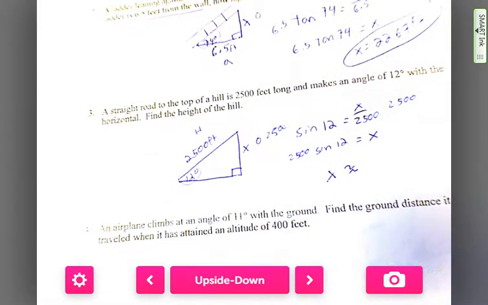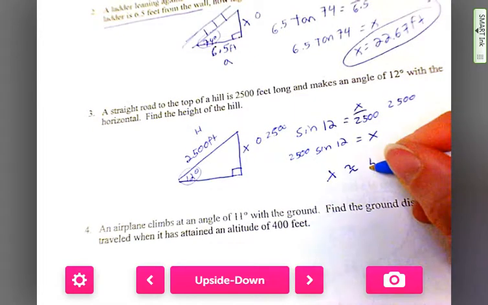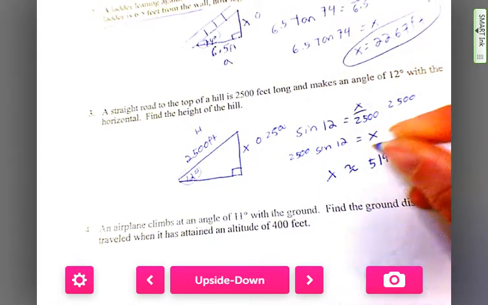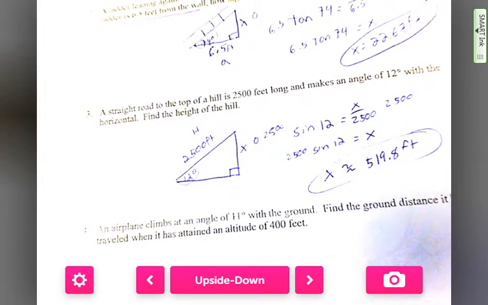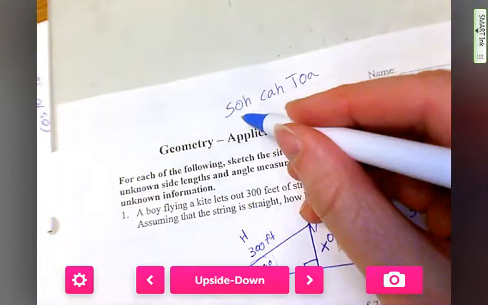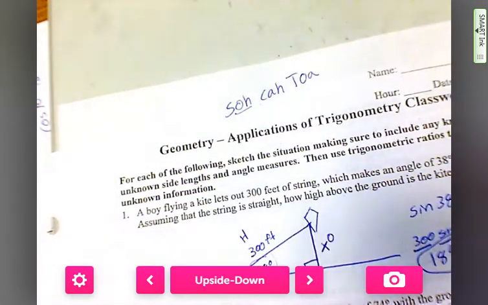Put it in your calculator. What did you get? I get 519.8. That's fine. Feet. Yes. Because we have O and H. Remember, if we look at SOHCAHTOA, O and H gives me sine.